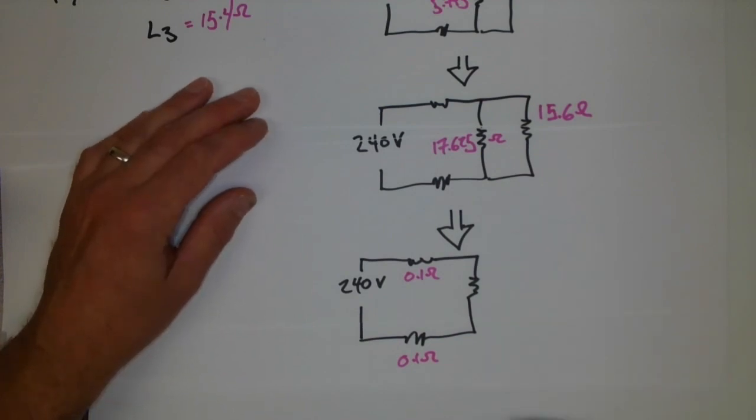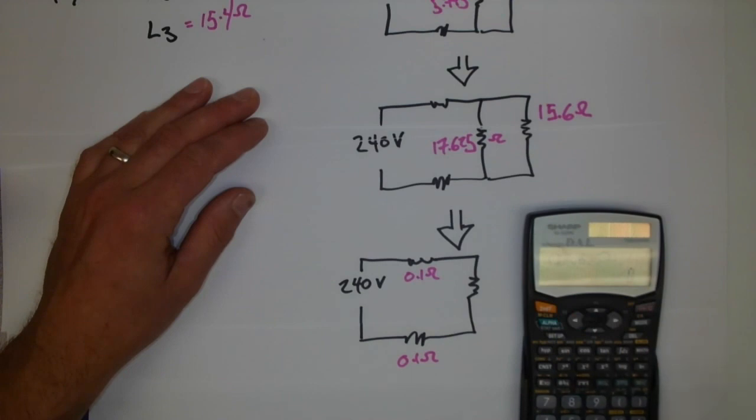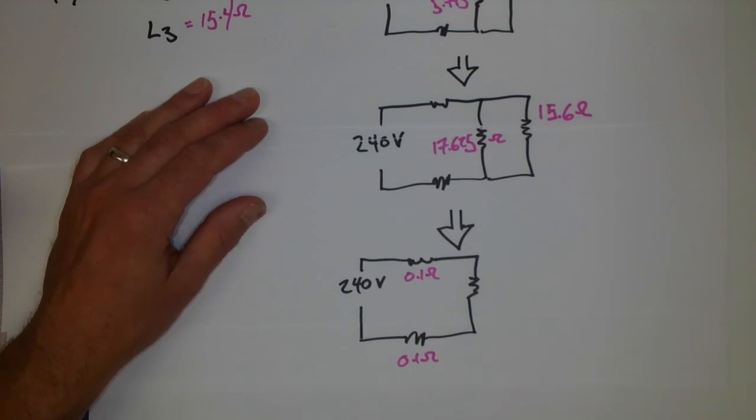So I'm just going to put it in my calculator: (17.625^-1 + 15.6^-1)^-1. I get 8.27 ohms.